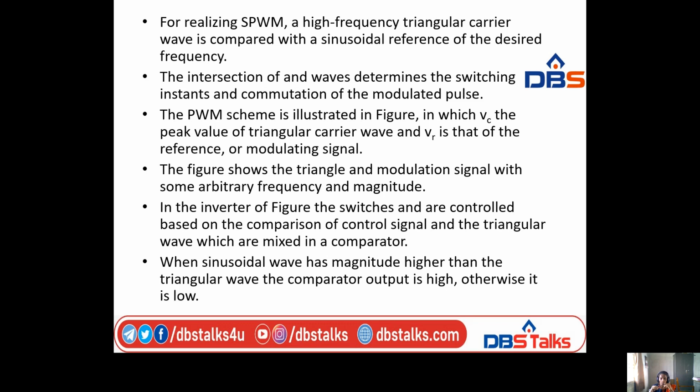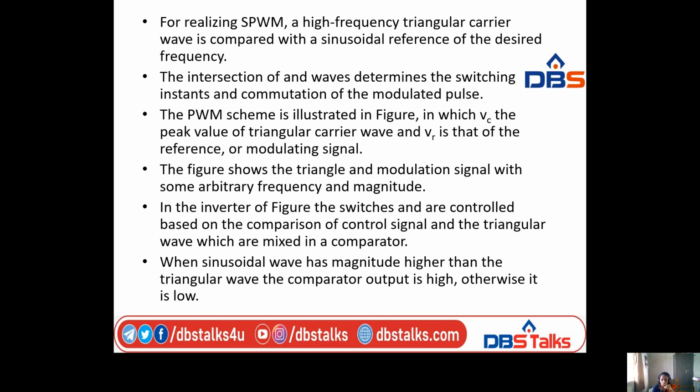Okay, so in the PWM technique, VC is the peak value of the triangular carrier wave, and VR is the reference or modulating signal. The figure shows the triangular and modulation signal with some arbitrary frequency and magnitude.